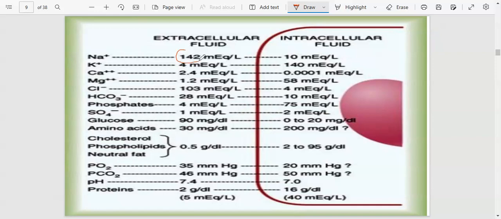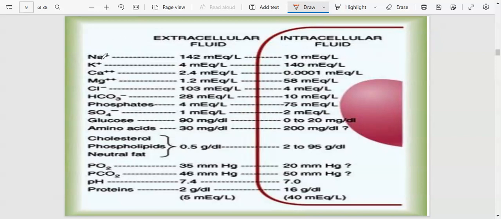Sodium is about 142 milliequivalents per liter, and this table has to be mastered. It has to be known by heart. So sodium outside the cell is much higher than inside the cell. Outside the cell, that is about 142 milliequivalents per liter, but inside the cell it is just about 10 milliequivalents per liter.